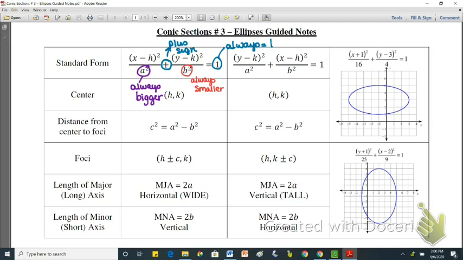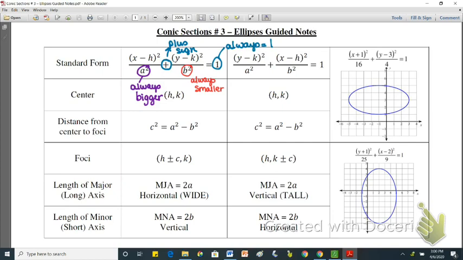Today, I'm not really going to focus on the foci or the distance from the center to the foci. I'm not going to ask you to find those this time around. Just know those are the equations, so if you ever need to find them, you can.